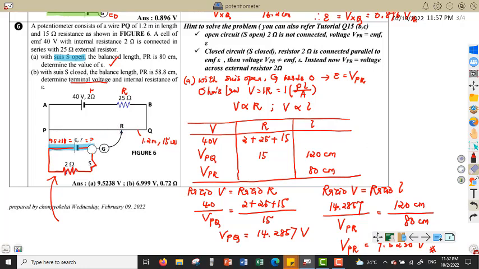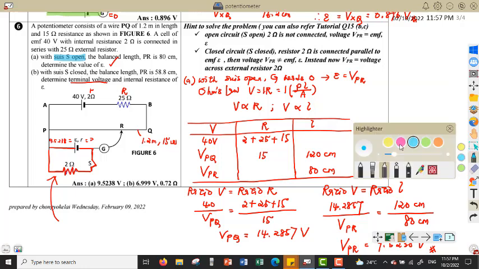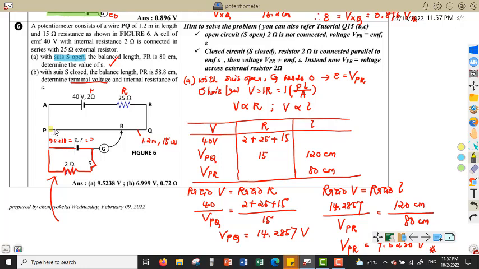when our G reaches 0, we will find out that the voltage across the balance length now will equal to the terminal voltage, the voltage across the external resistance 2 ohm.